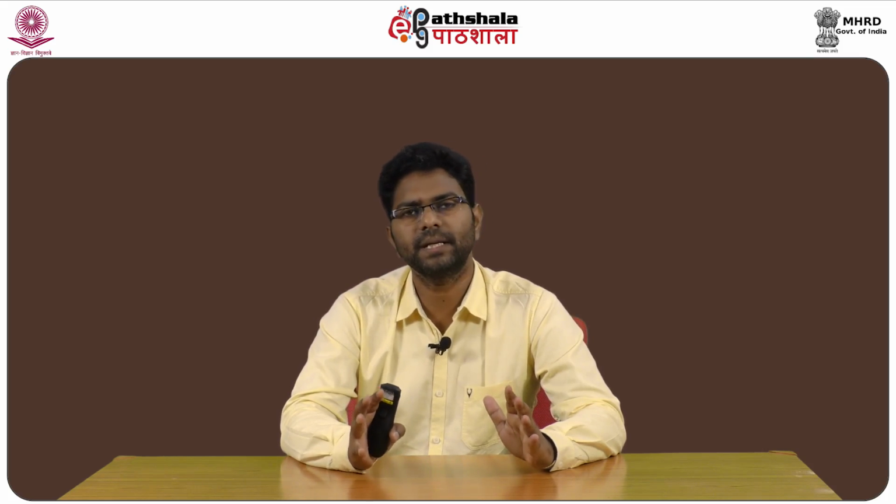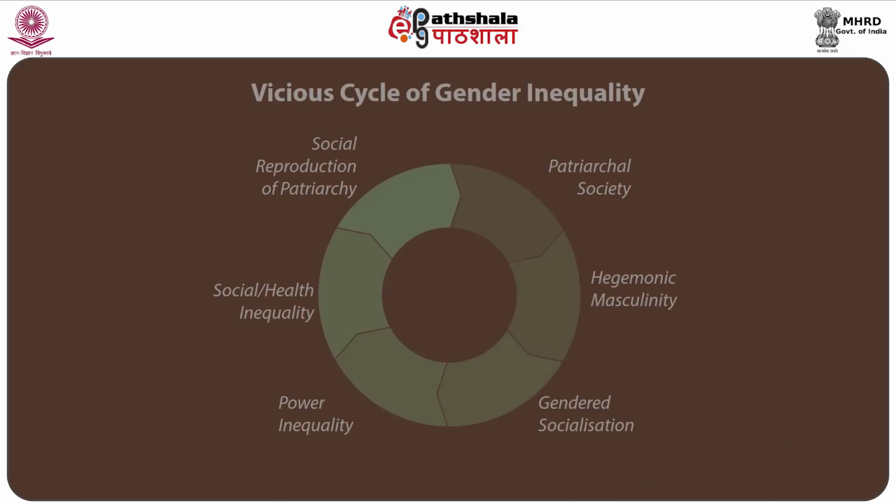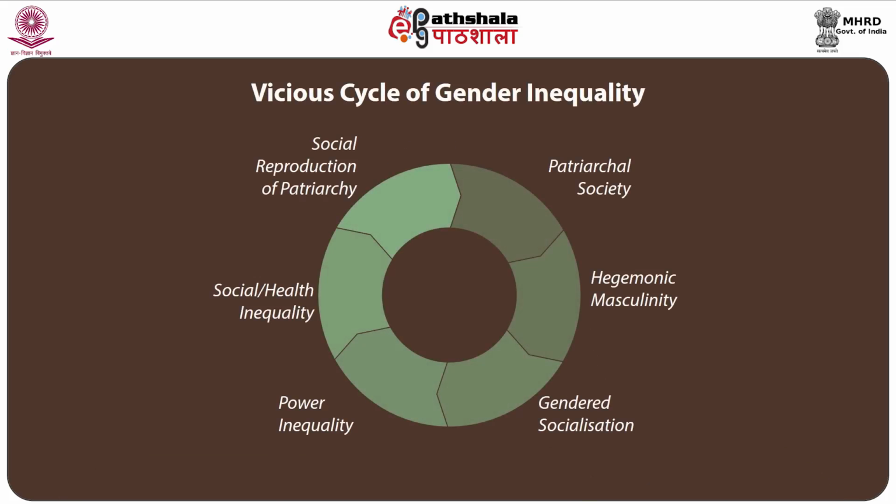That is the starting point, but it runs through a number of cyclic processes. The starting point for the vicious cycle of gender inequality is the patriarchal society. Then this patriarchal society leads to hegemonic masculinity. Hegemonic masculinity means men's dominance over female sexuality or femininity.